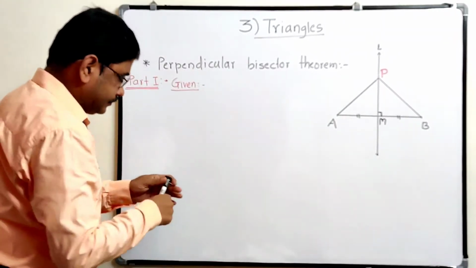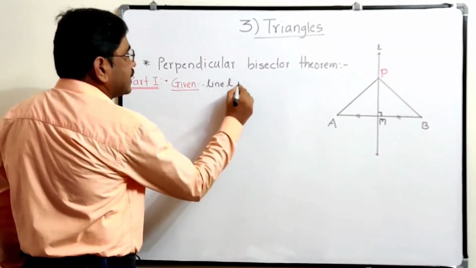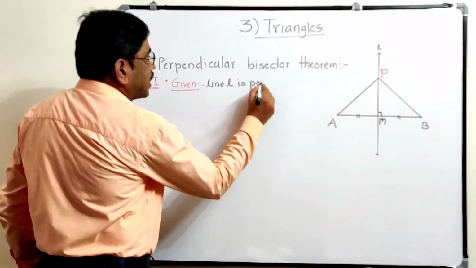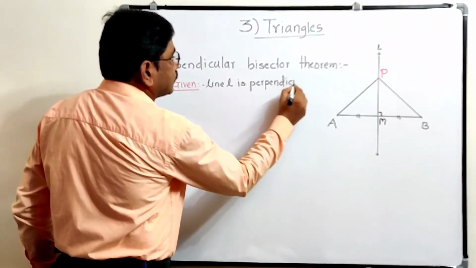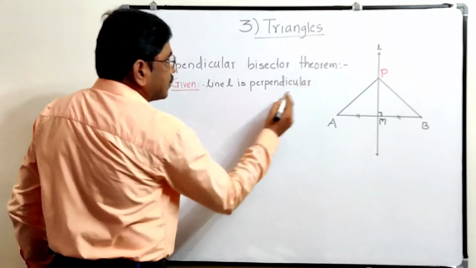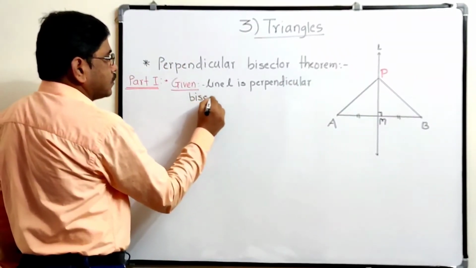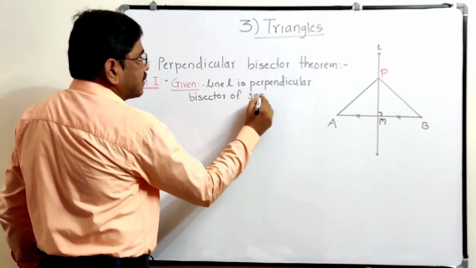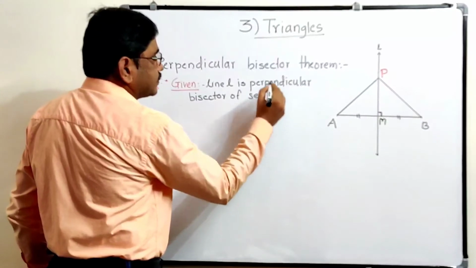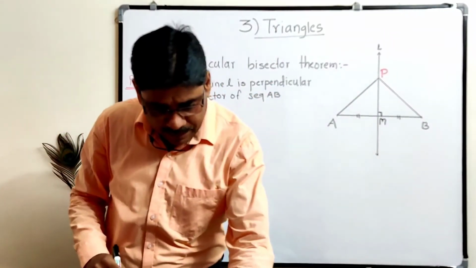Line L is the perpendicular bisector of segment AB. Line L is the perpendicular bisector of segment AB.